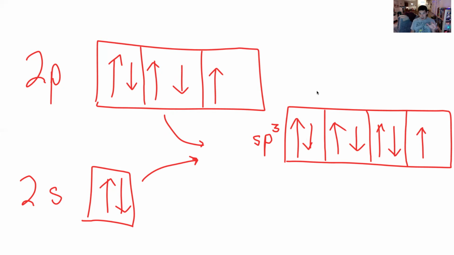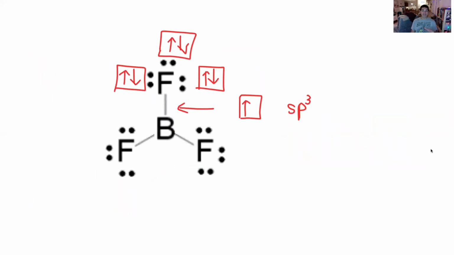Now, fluorine's 7 electrons are still going to go into those 4 boxes. So 3 of them will be filled up. Those are our lone pairs. And the one half-filled sp3 hybridized orbital will overlap with the half-filled orbital from boron.